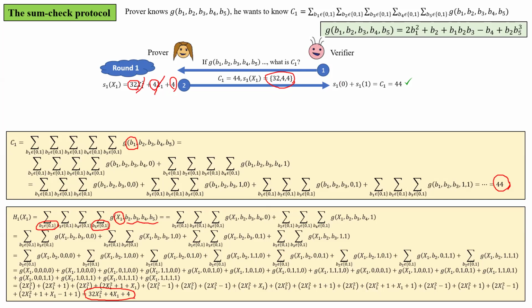And also the verifier needs to calculate s1(1) by replacing x1 with 1, which is 40.